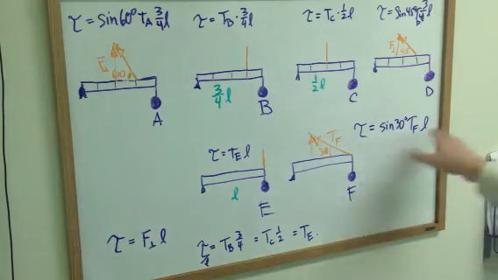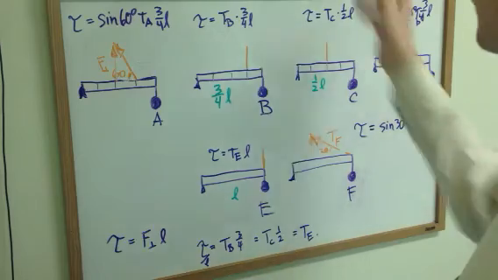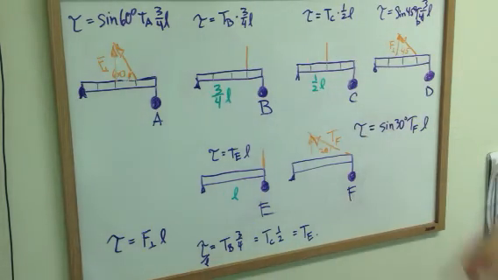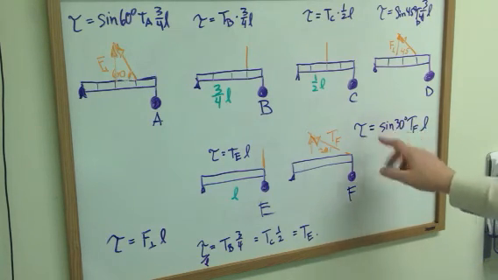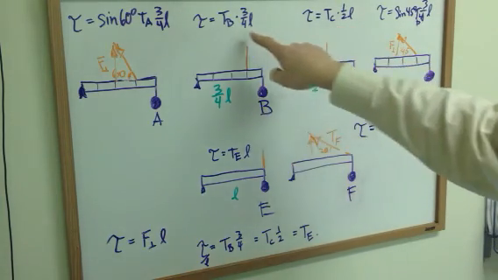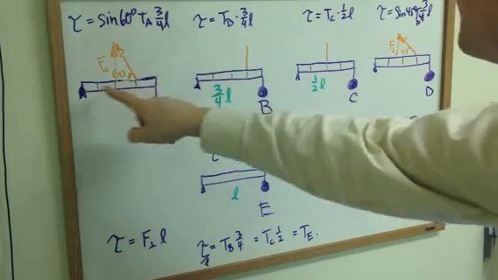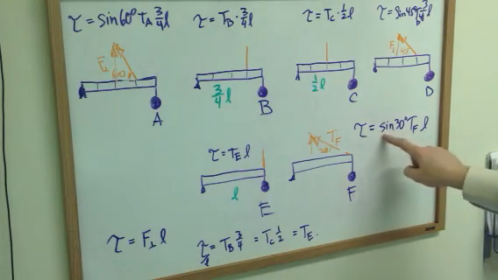So all of these tensions are equal. They all depend on L. You can cross out L as a dependence from all of them. And then you just have these factors depending on where they were placed. There's a halves, 3/4, depending on their location. And then these factors dependent on their angles.